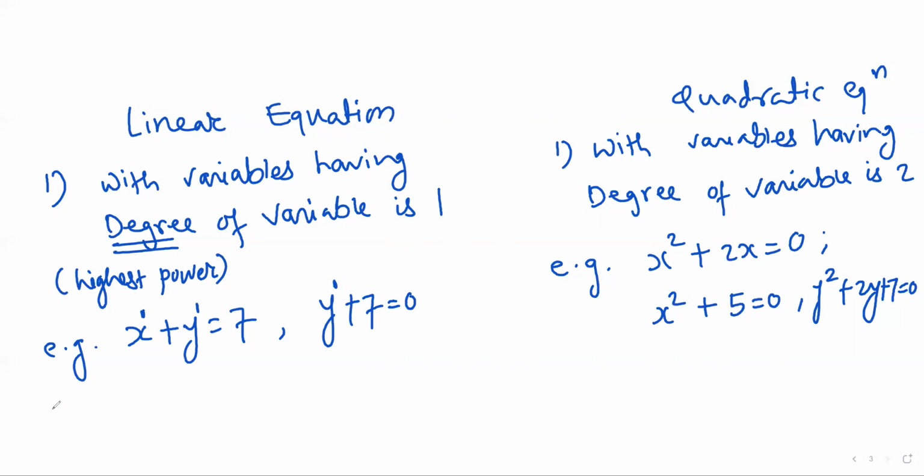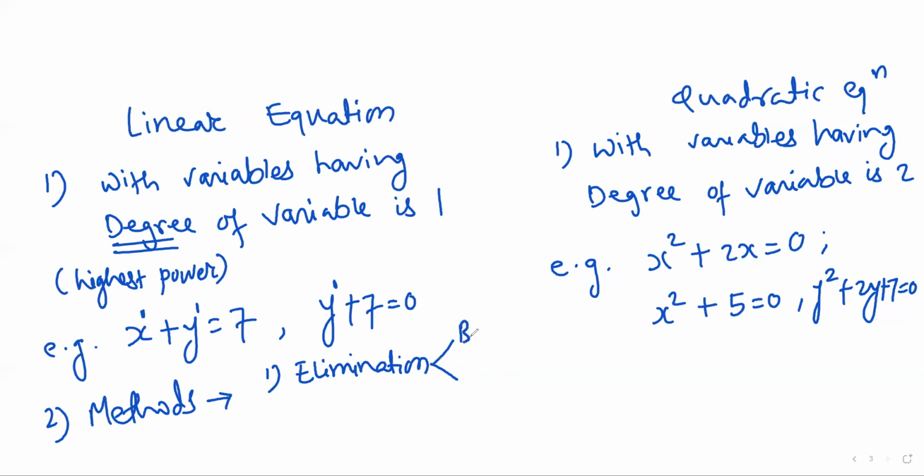Now, what are the methods of solving linear equation? Methods for solving linear equation are, first one is elimination method. Elimination method, there are also two methods. First one is by equating coefficient and by substitution method.